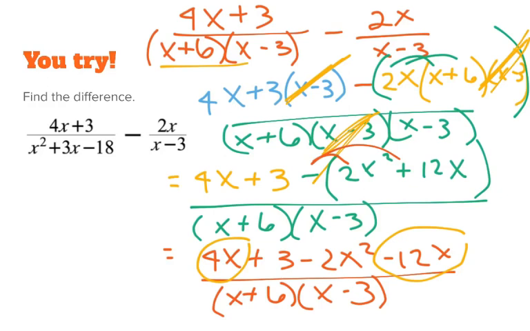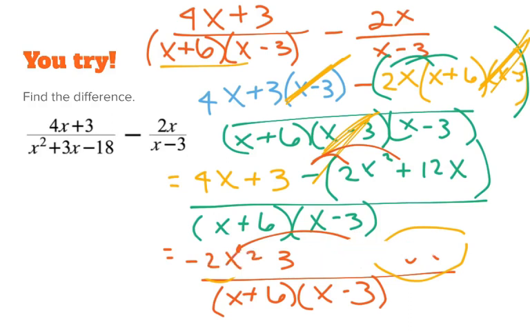So I'm going to erase this and just write negative 8x, and then I can erase this term here because I used it to make that. And now let's write the numerator in standard form. So I'll write this negative 2x squared first, and then the minus 8x and then the plus 3.